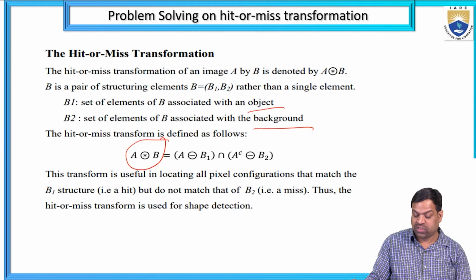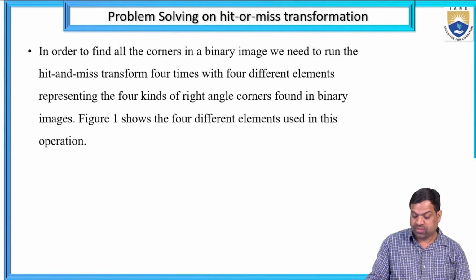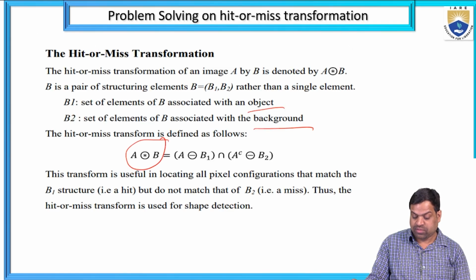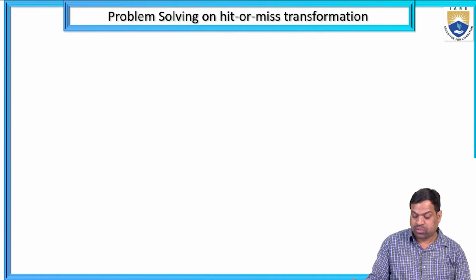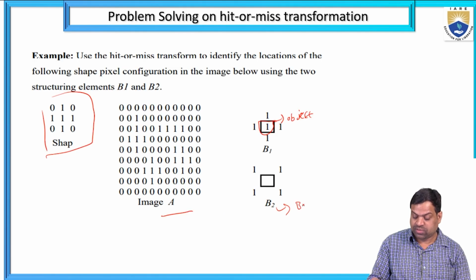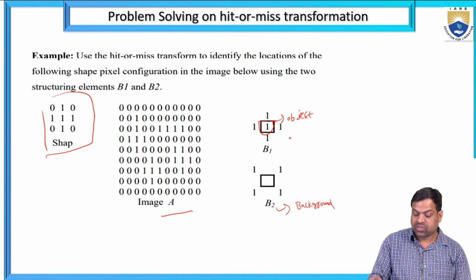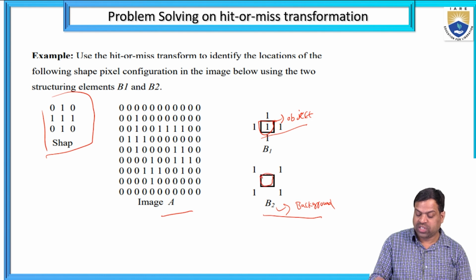B1 equals object and B2 equals foreground. Object means we have to take the ones.